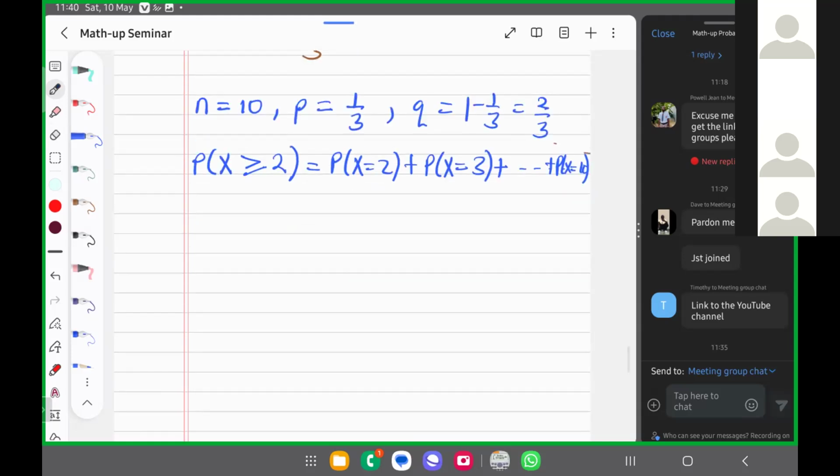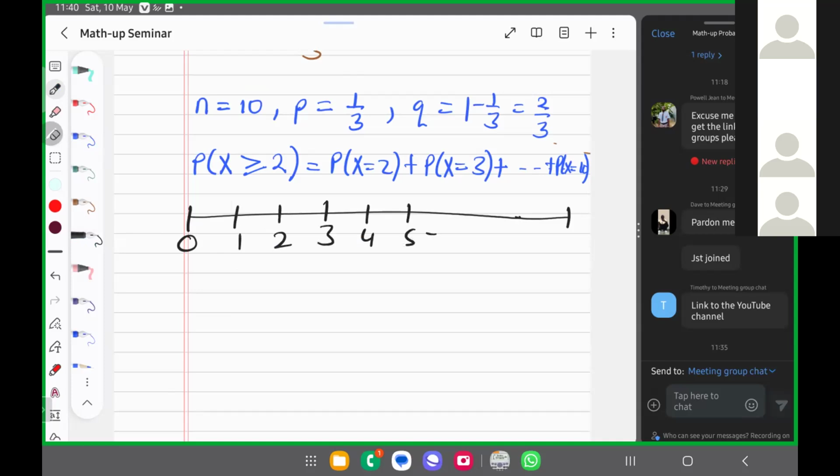I can draw my number line. The possible choices that can come up if I toss: I can have 0, then I can have a 1, I can have a 2, I can have a 3, 4, 5, very many values in between, up to 10.